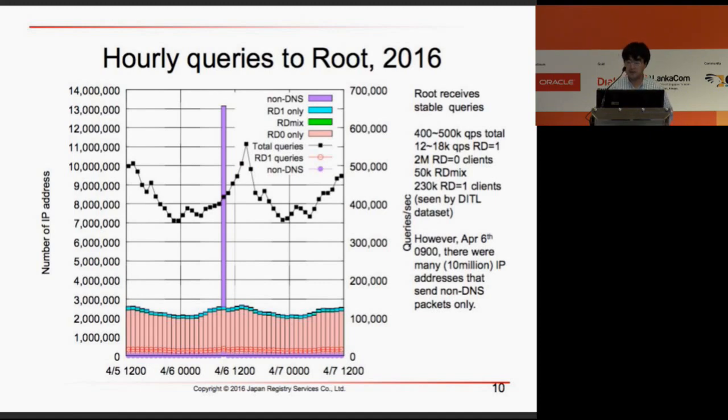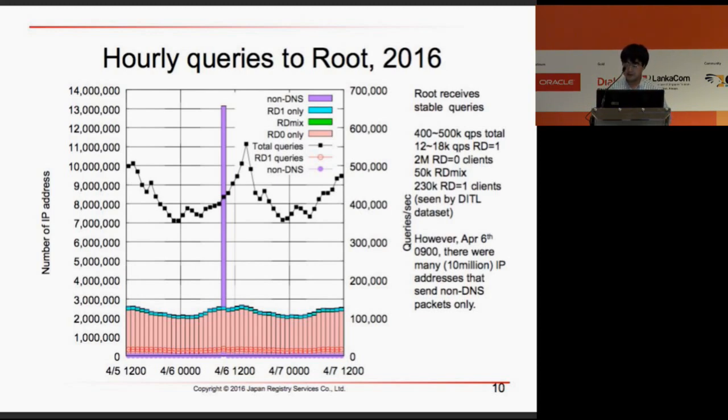Root receives stable queries, 400 or 500,000 queries per second on average in total, and 20 to 18,000 queries per second RD set, 2 million RD unset clients, full service resolvers, and 50,000 mix clients, and 230,000 RD set only clients.